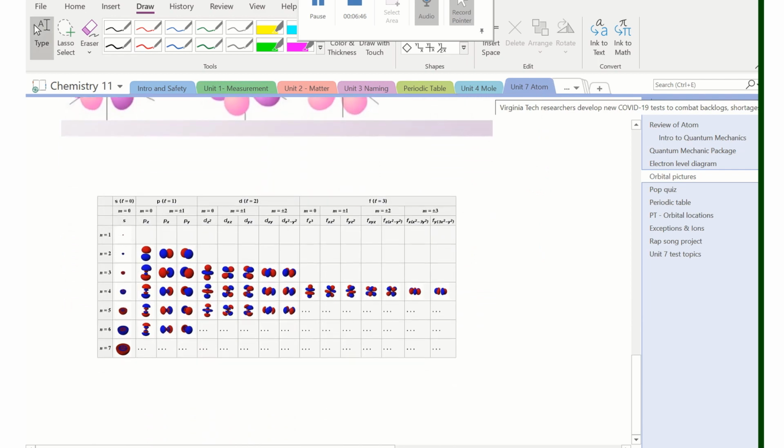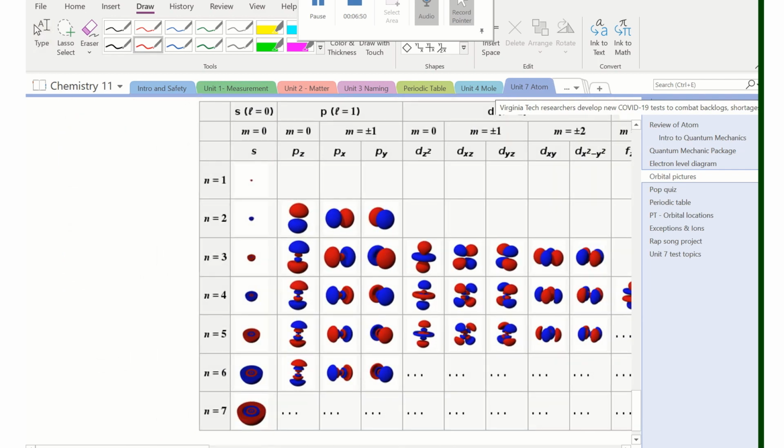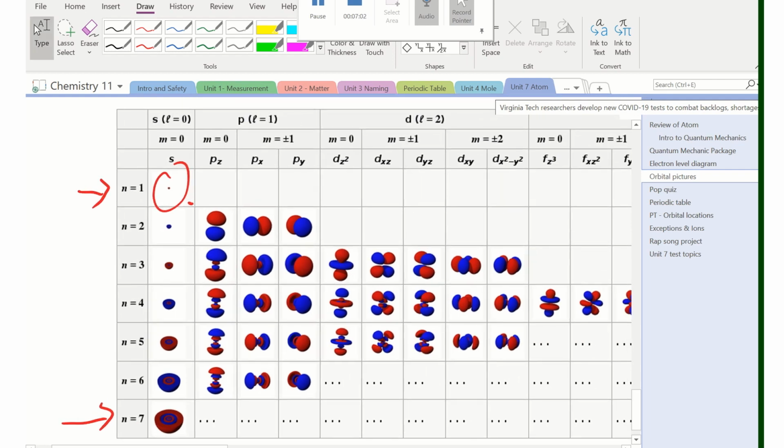Okay, so for the s orbitals, they start off at the lowest energy level as a very tiny sphere, but at a much higher energy level, it's a much bigger sphere. Now the p orbitals look pretty similar, but again, you don't need to know these shapes.